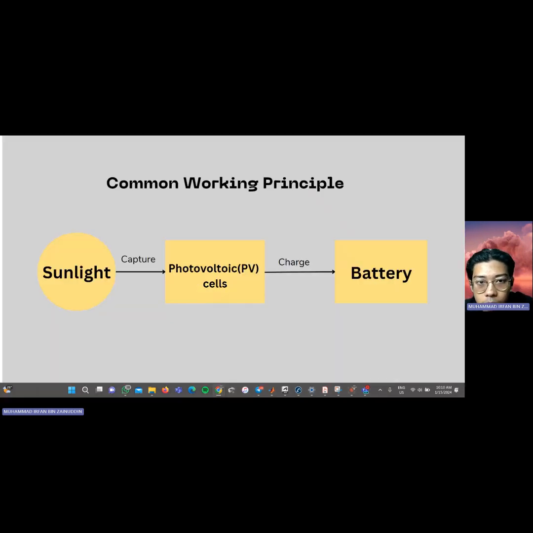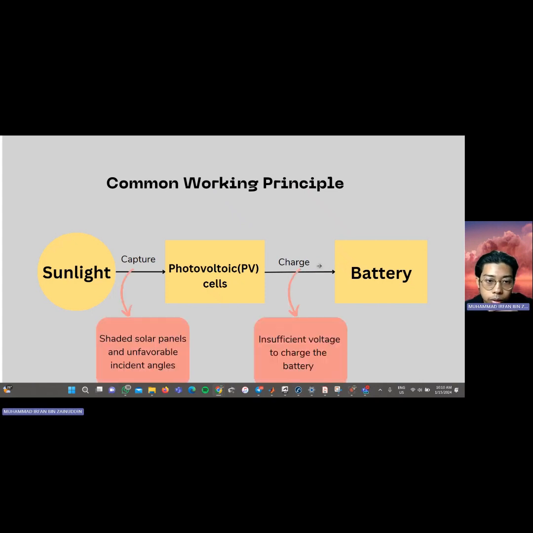So what is the common working principle for a solar power system? This is the basic working principle: the sunlight will be captured by the photovoltaic cells, which will excite the energy, and the energy will charge the battery. There are some problems with common systems.